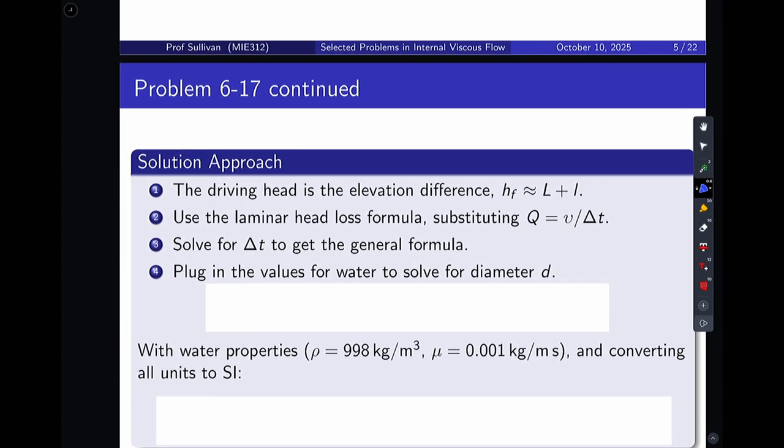So we can say that the driving head between the top and the bottom is really the height of the water plus the length of the tube. And we're going to use a laminar head loss and substitute that we have volume over delta T. And I'm going to regret my notation.